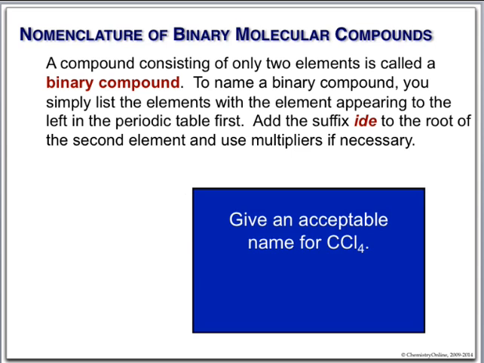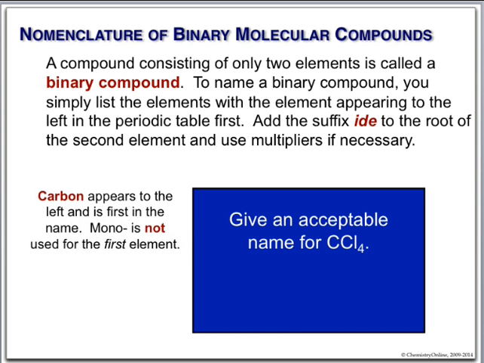Here we have 1 carbon and 4 chlorines. Our first word is simply our first element. We do not use mono if we only have 1 first element. So we don't use mono, we simply say carbon.